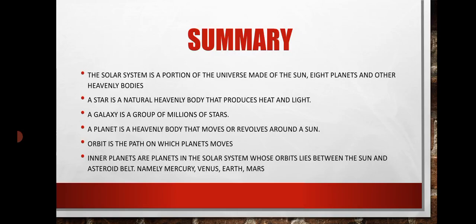A planet is a heavenly body that moves around or revolves around a sun. We said orbit is the path on which planets move. Inner planets are planets in the solar system whose orbits lie between the sun and the asteroid belt. These planets are Mercury, Venus, Earth, and also Mars.